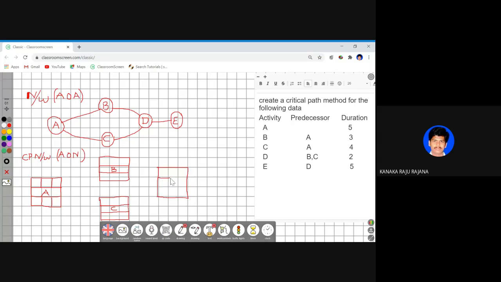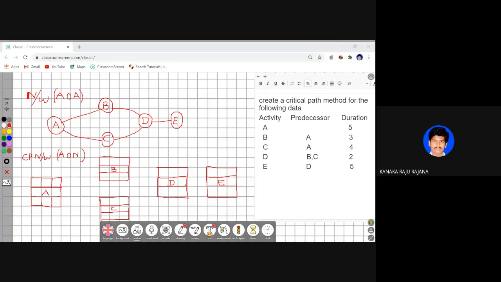Is this clear? Please use your chat box and message me. Similarly, the last one, E. Any more doubts up to this?